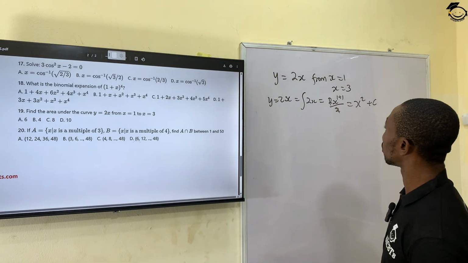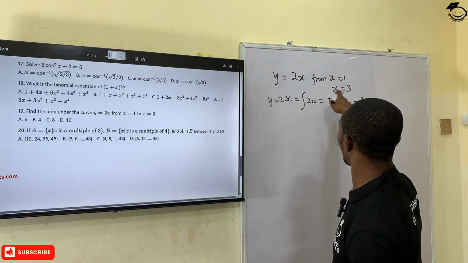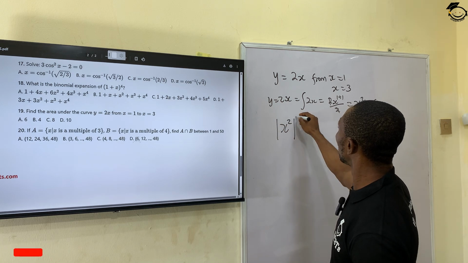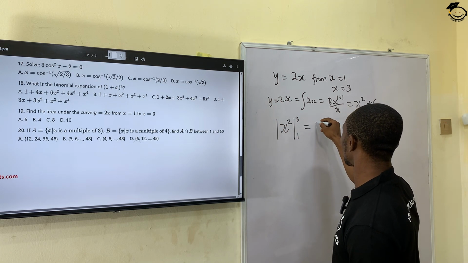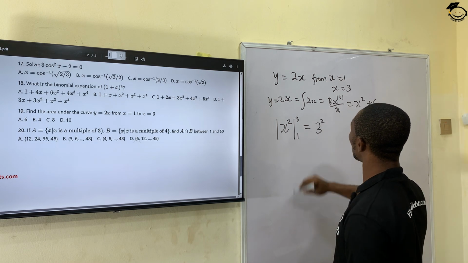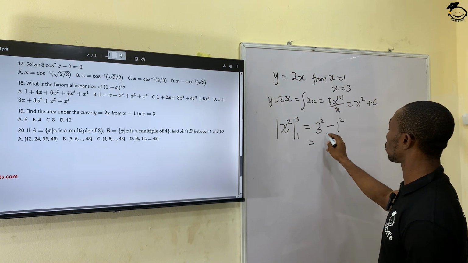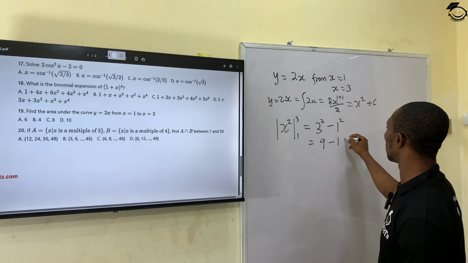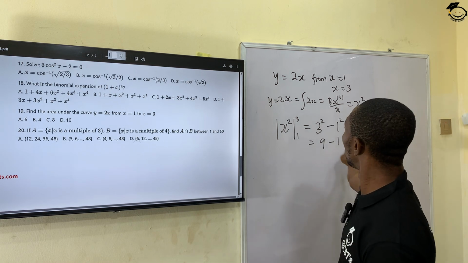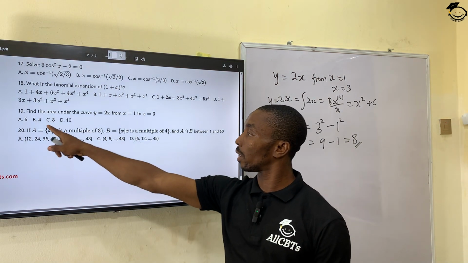That's the integration. Now, since we are looking at the limits of 3 and 1, that becomes x squared evaluated between 3 and 1, which gives us 3 raised to the power 2 minus 1 raised to the power 2. So 3 squared is 9, minus 1, which gives us 8.